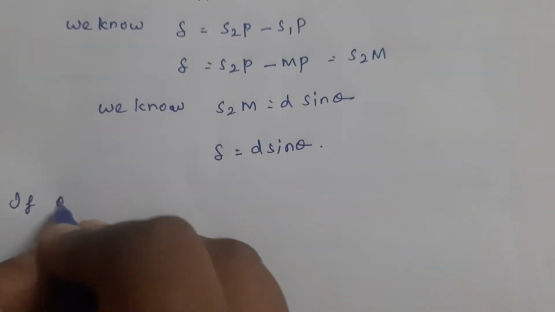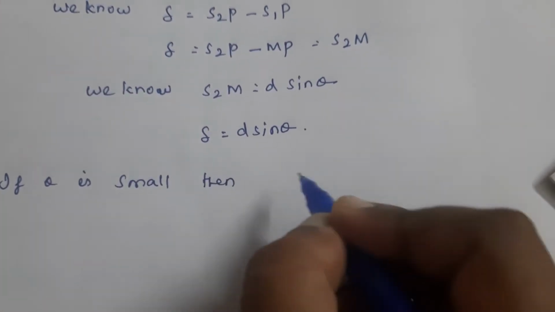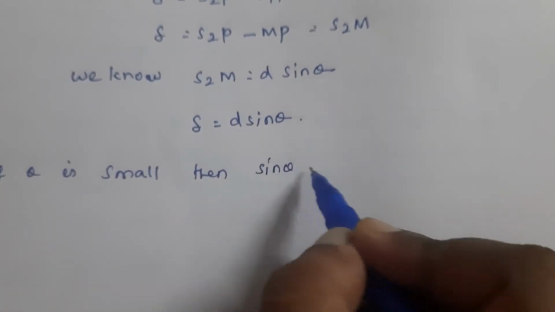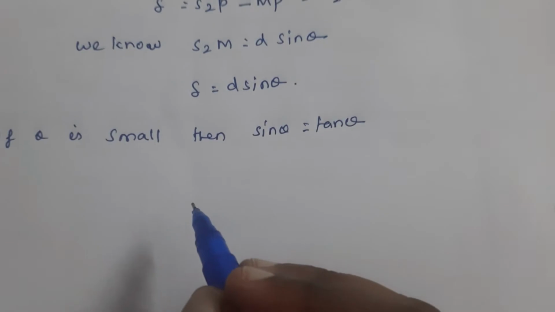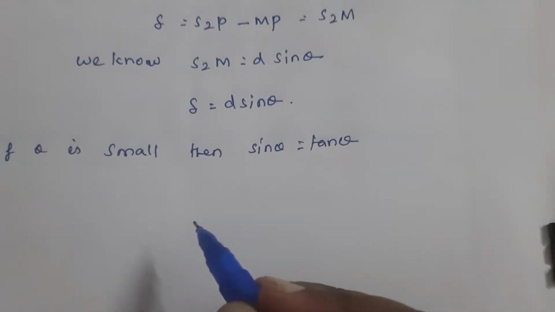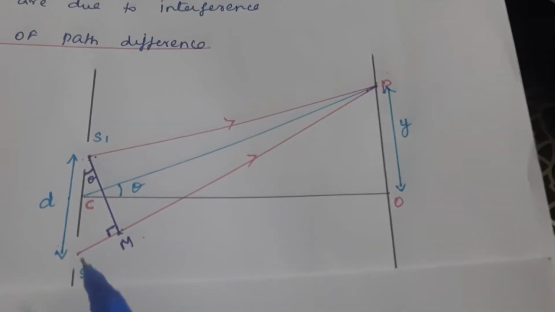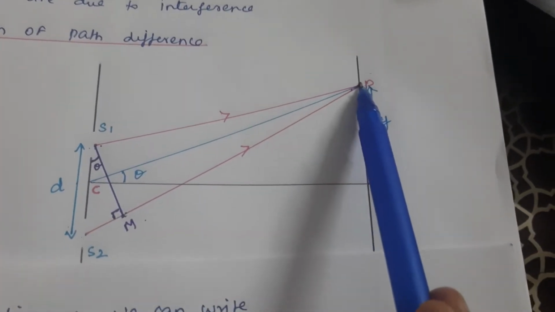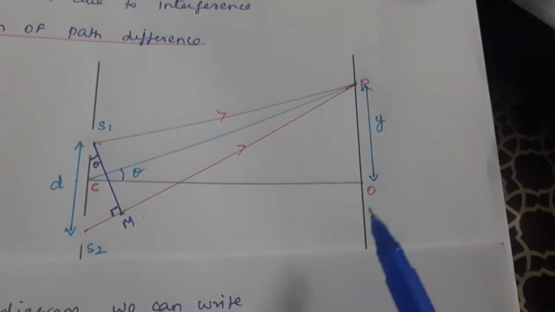If theta is small, then we can write sin theta is equal to tan theta. Now, from triangle OCP, tan theta is opposite side by adjacent side.